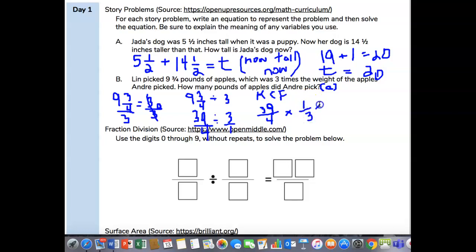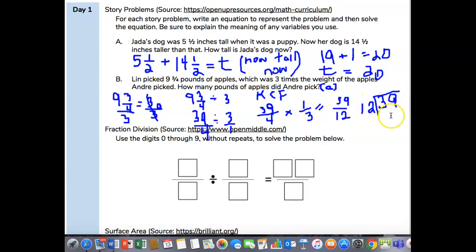And then we just multiply across. 39 times 1 is 39. 4 times 3 is 12. And what we have here is a division problem, 39 divided by 12.